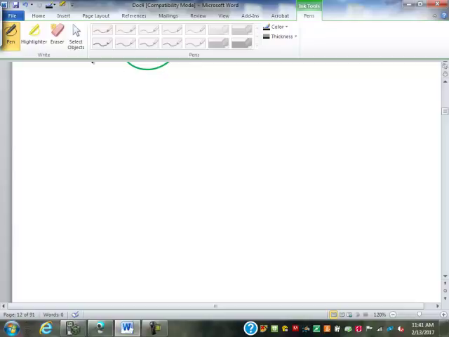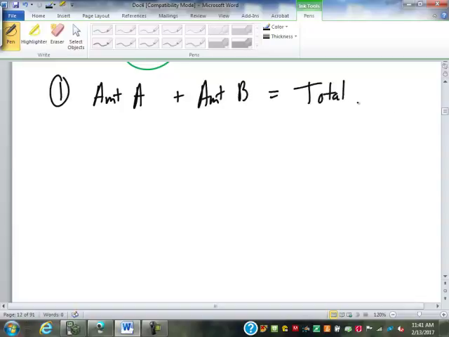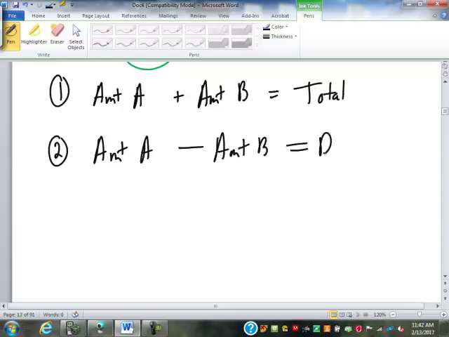So to start out, dealing with word problems, we have three main types of word problems. Either we have type 1, where we have two amounts that have to add up to a total. The second type we have is we might have two amounts that subtract to give us a known difference.